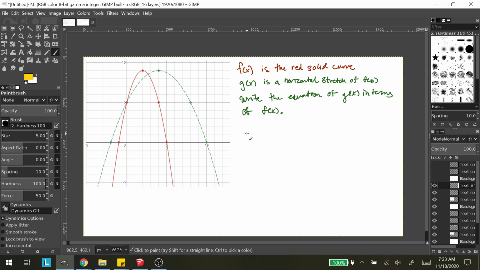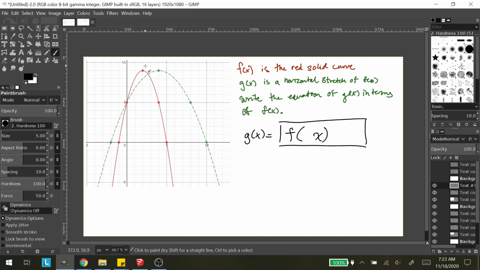They're going to give you something like this. G of x is equal to, and then they'll have a fat answer box, and you have to figure out what's going on. Notice they're always going to mark some key points for you so that you can count what's going on. And I know that it's going to be f, something inside with my x, so I'm leaving a space in front. I don't know if it's going to be a fraction or a whole number, but it's important that I leave a space there.